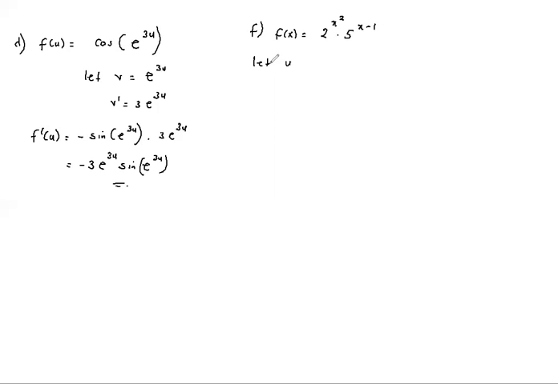So first let u be 2^(x^2) and then differentiate u. Now differentiating u is not that easy. You don't just go straight and say the power and the what, because the base is not e. The base is something else. So when it was e, it was easy just going direct.